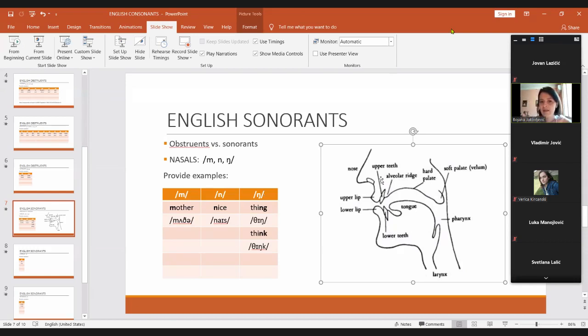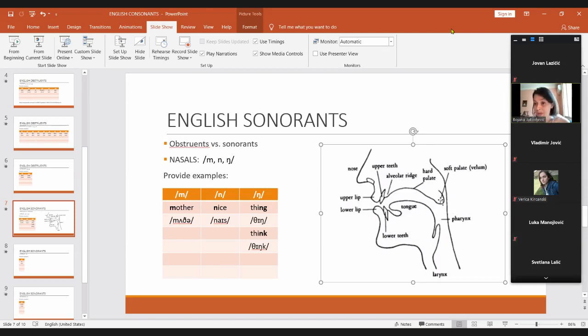But there is still free escape of air. This is why they're so loud, just like in the case of vowels. You see this part here? This is the soft palate. Do you see the picture? Yes.